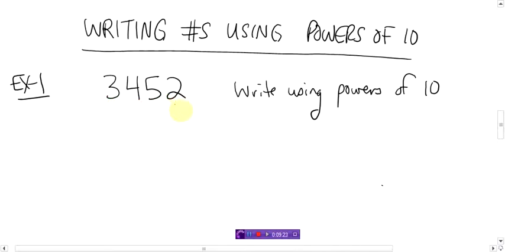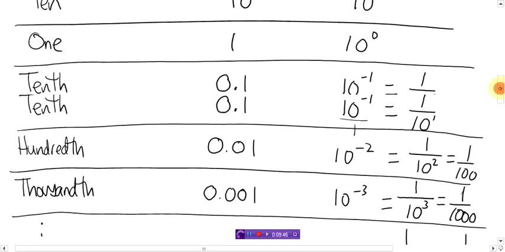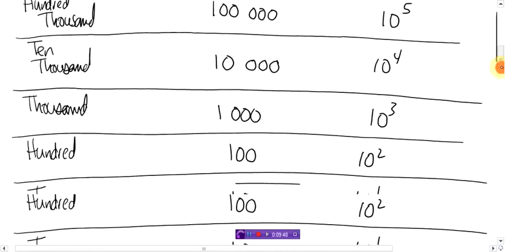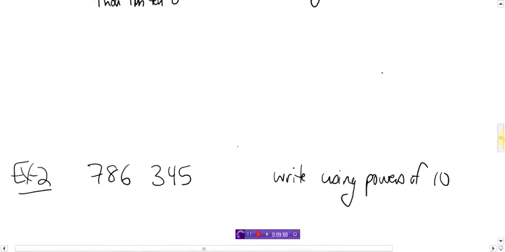And it might be handy to write down the place value of each, just in case you're stuck. So the first one is always the ones, then you get the tens, then the hundreds, and then the thousands. So we can rewrite this using what we just learned up here with the powers of 10 exponents.